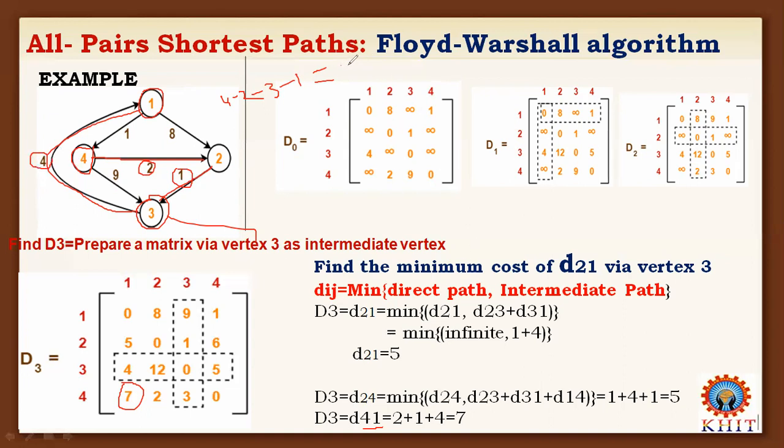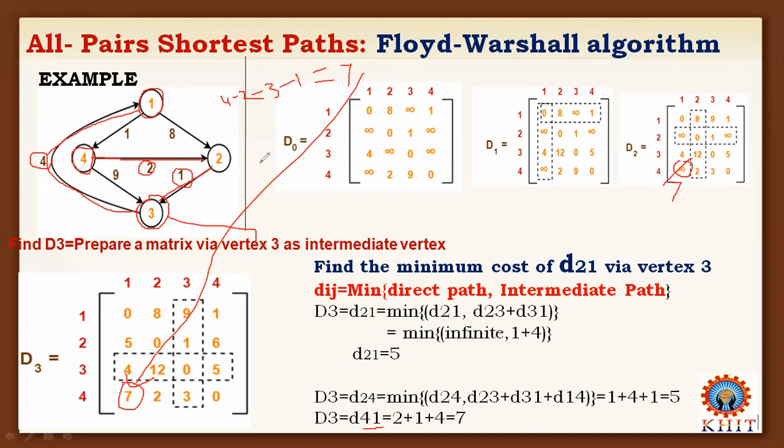The cost is 7. Another way is through intermediate 3. You get the answer 7. The 7 is replaced here. Infinity is to be replaced by 7.